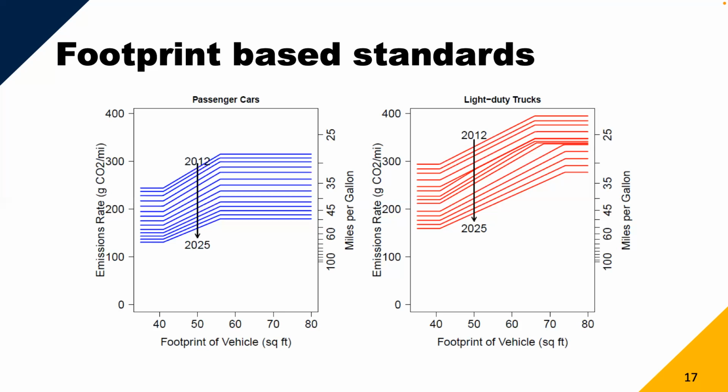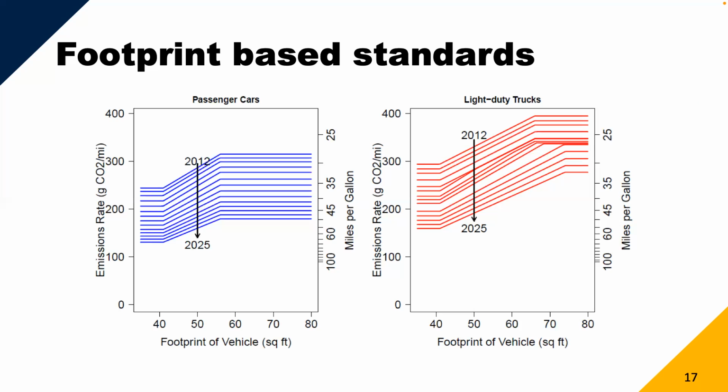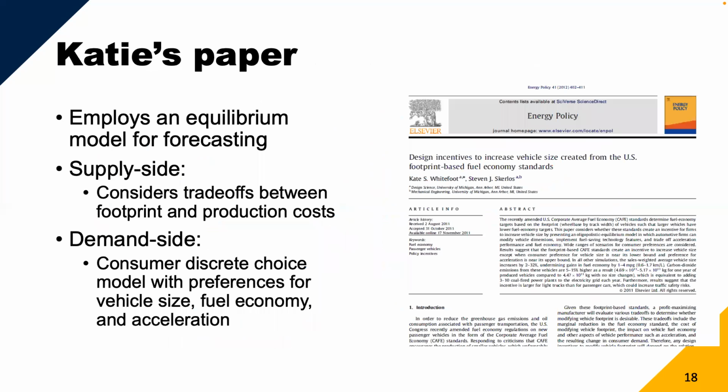But let's not get too wrapped up in that. I want to go back to this thing here. So one of the things Duncan was pointing out was that there actually becomes this incentive for me to want to make my cars, I'm not going to say bigger necessarily, but increase the footprint of the vehicle.